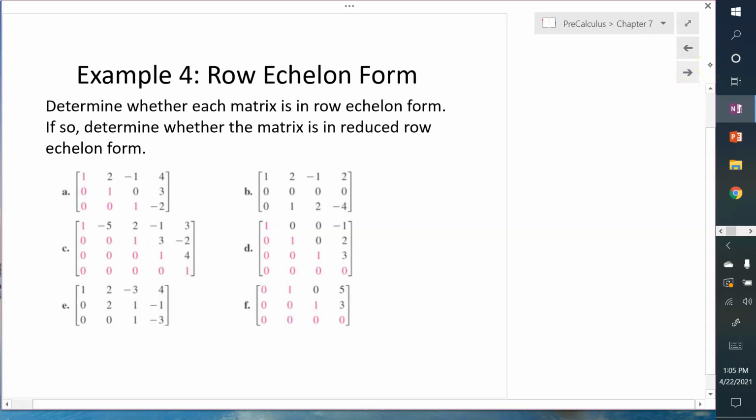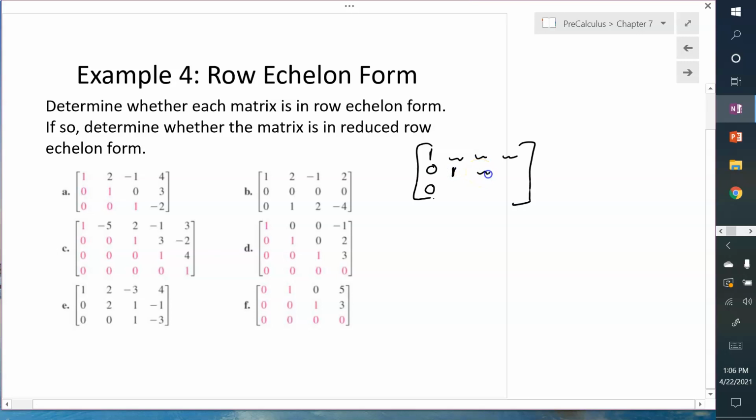All right, the next idea is row echelon form. And this form is useful for solving our systems. And so what we're going to do is when something is in row echelon form, it'll look like this. You'll have a 1 in the first spot, and you're going to have zeros underneath it. And then you can have anything you want over here. And then the second spot of the second row has a 1.